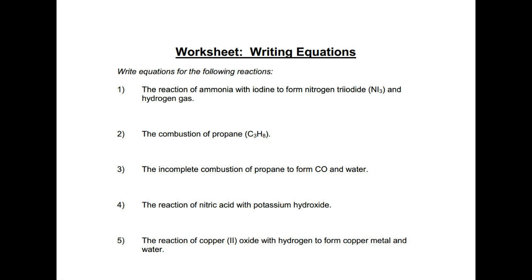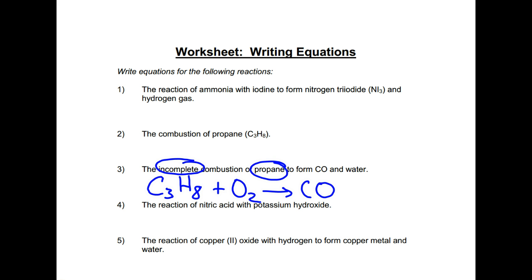The next one says that we have the incomplete combustion of propane, so you got to look up what propane is, and that is C3H8. And again, I wouldn't expect you to know that. And it says that it's an incomplete combustion, so instead of forming CO2, this is forming CO and H2O. So again, I'm not going to draw this one.